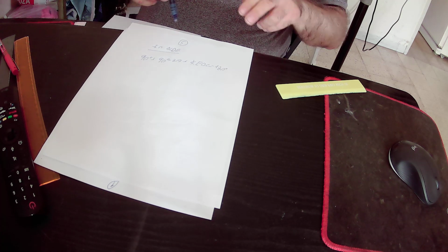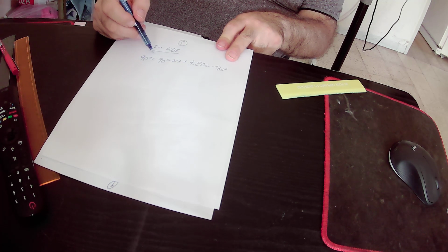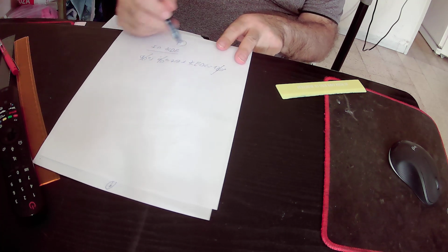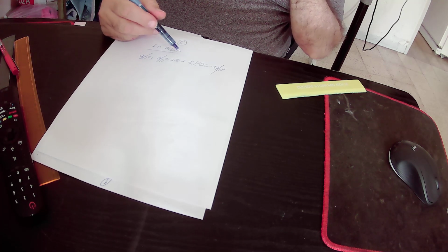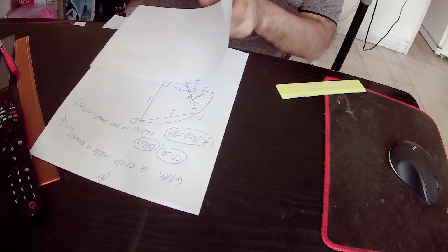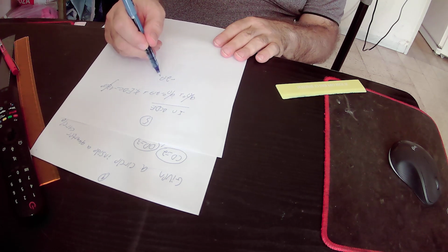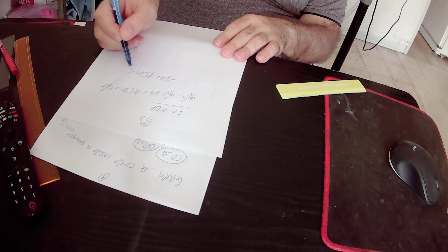So here we have 90 plus 90 is 180, so 180 will get cancelled with 180. So what is left here? Minus 2 theta plus angle EDC equals 0.